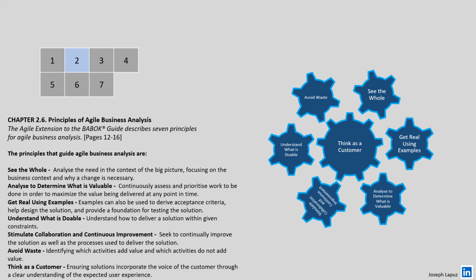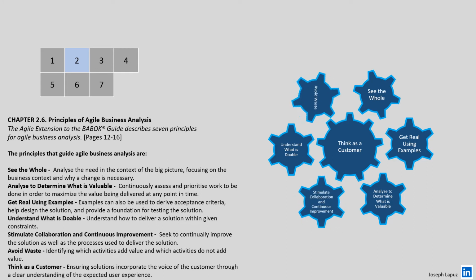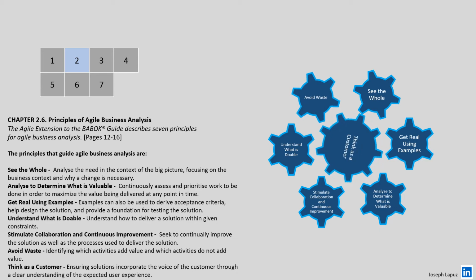Seek to continually improve the solution as well as the processes used to deliver the solution. 6. Avoid waste. Identifying which activities add value and which activities do not add value. And 7. Think as a customer. Ensuring solutions incorporate the voice of the customer through a clear understanding of the expected user experience.